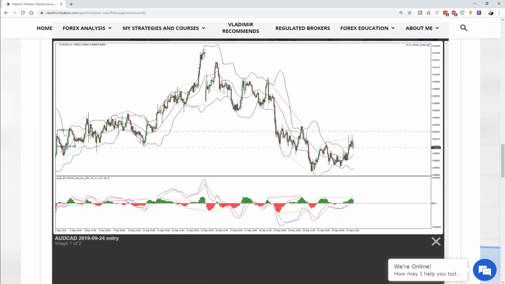Another one, Aussie CAD, very similar situation to the one before, but this time we have a corrective pattern to the upside. So what's the overall situation here? We have an impulsive move to the downside. We have an ABCD pattern correction, which means we are now expecting to see the price continuing lower. Since we're dealing with divergences, that gives us the best and optimal risk reward ratio.